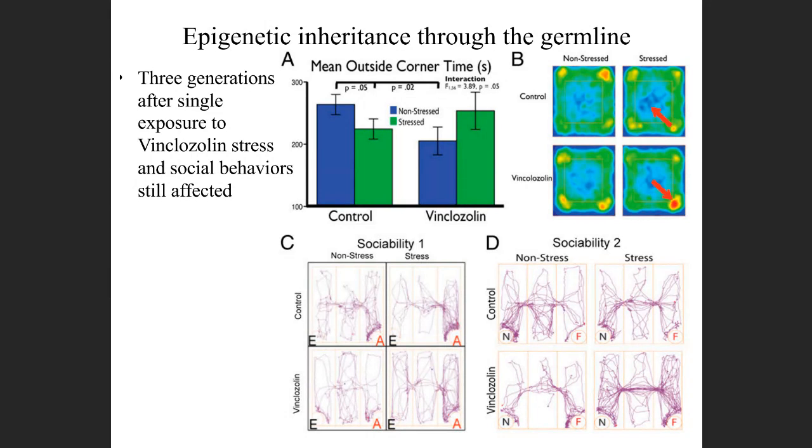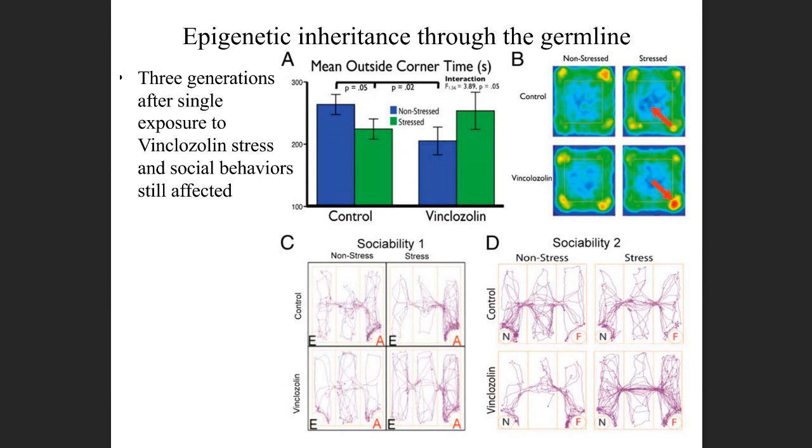So what you have in the bar graphs in A is the quantification of the behaviors that you're seeing in B. I forget how these rats were stressed.